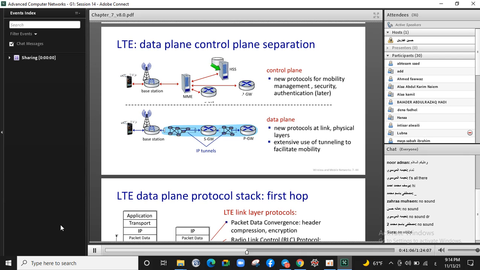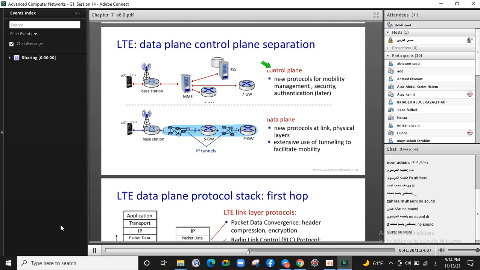Here, we can look for this device, for this connection. We can look at it as a control operation, or we can look at it as a data operation. What does it mean?